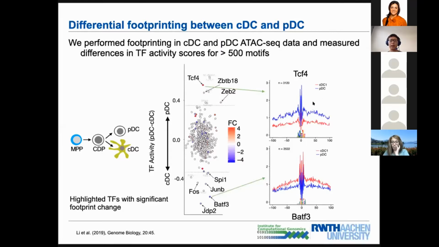On the right-hand side, the line plots show you the ATAC-seq signal around the binding sites of TCF4 and BATF3. So we can say that the chromatin around TCF4 binding sites is more accessible in pDC, while the chromatin around BATF3 is more accessible in cDC.